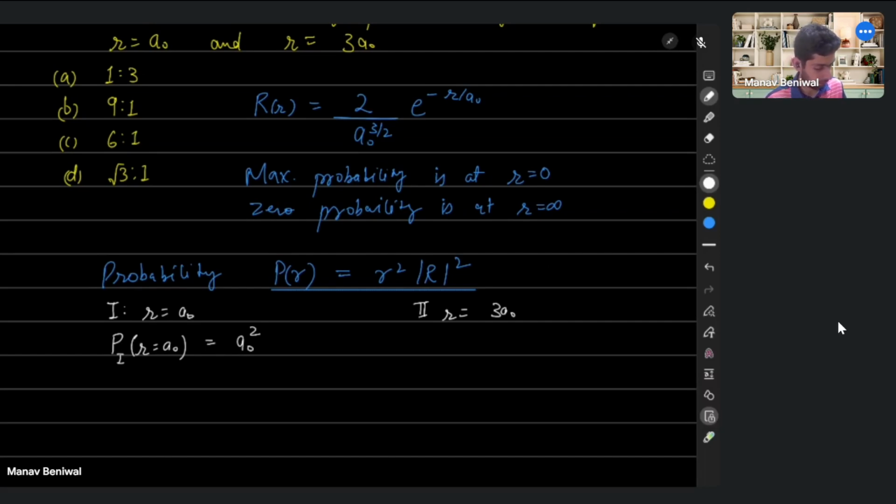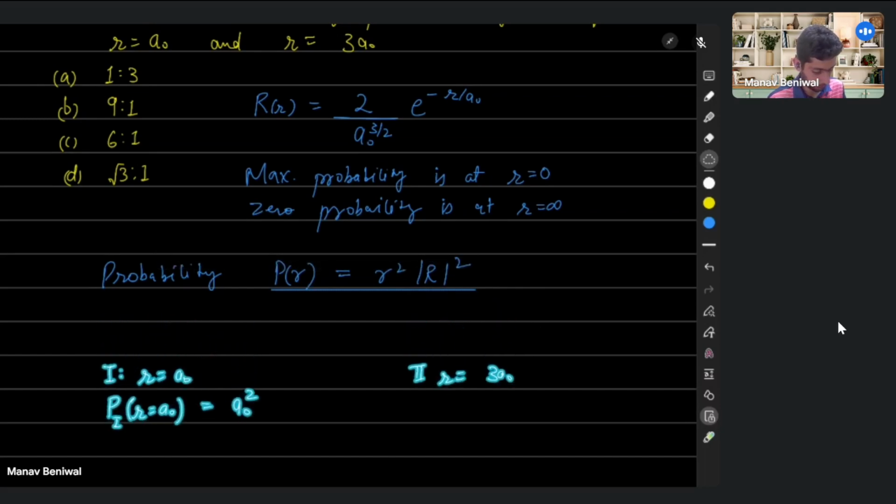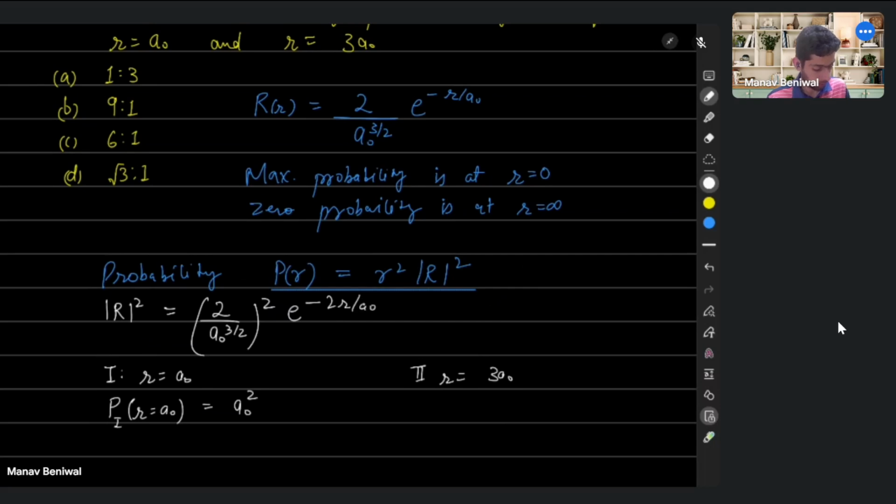So what will be mod R squared here? It will be 2 by a naught to the 3 by 2, squared, and e to the minus 2R by a naught.